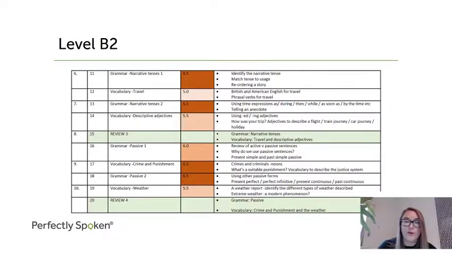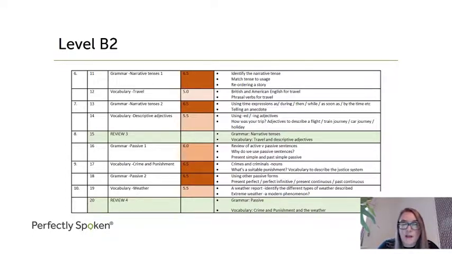So this is very important when we think about using English for social reasons, to make new friends or perhaps to chat to colleagues in a business context. The idea of small talk, talking about your journey, is very common and very important. We then have review 3 that will cover the topics that we've looked at here.